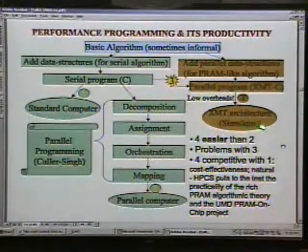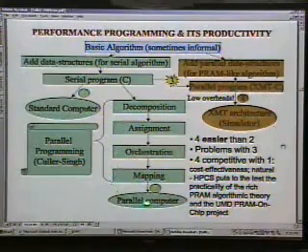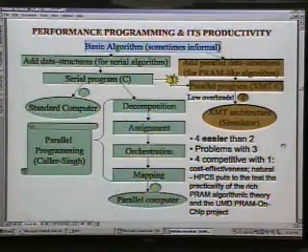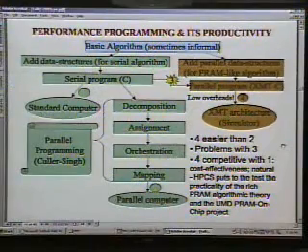Then just run it with low overheads on the architecture, which at the present time is a simulator. The claim is that 4, which is what I advocate, is significantly easier than 2. And in fact, it's competitive with 1. It's the same process. And the current DARPA project, High Productivity Computer Systems, in fact puts it to a test.